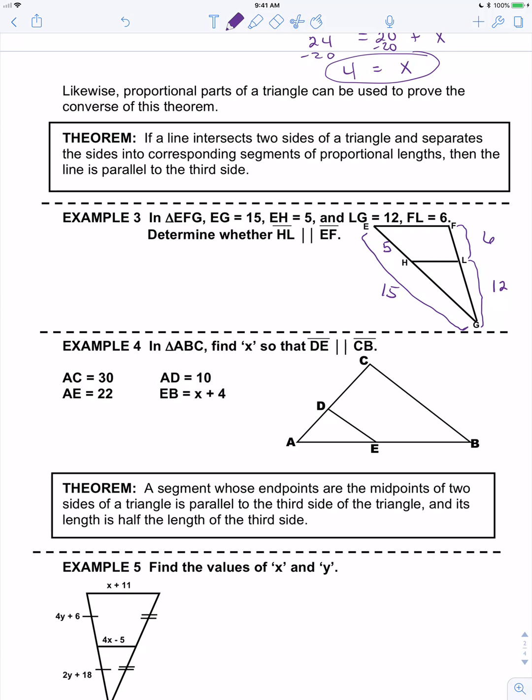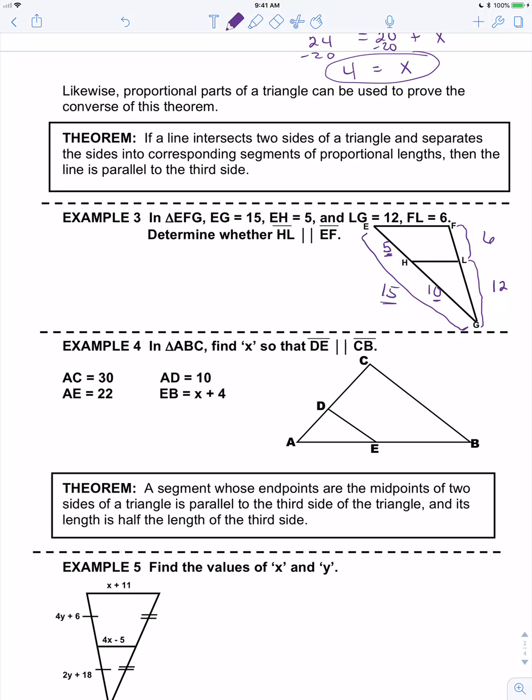If this E to G is 15, this one is 5, then H to G must be that difference, so that's got to be 10. So hopefully you see that. So the 10, H to G, plus the 5, E to H, adds up to be that 15 for E to G.